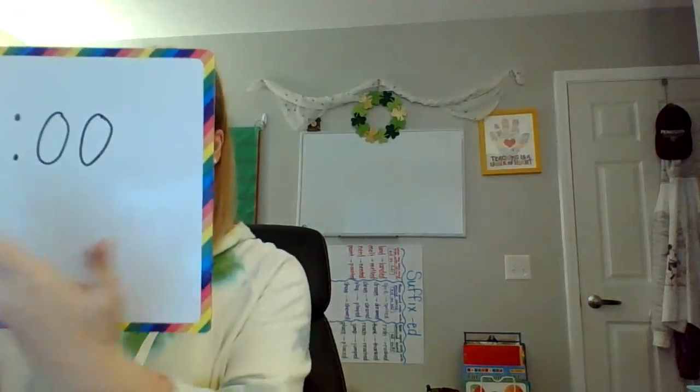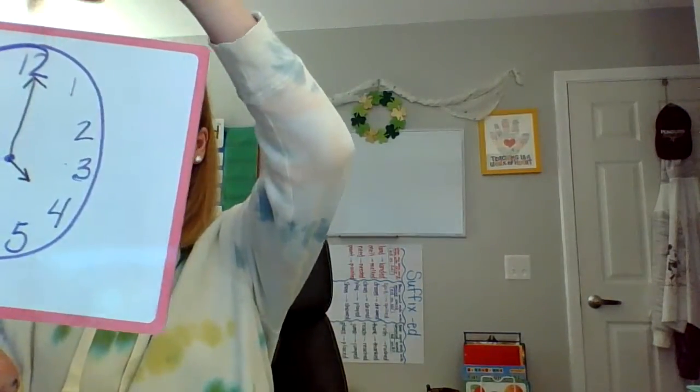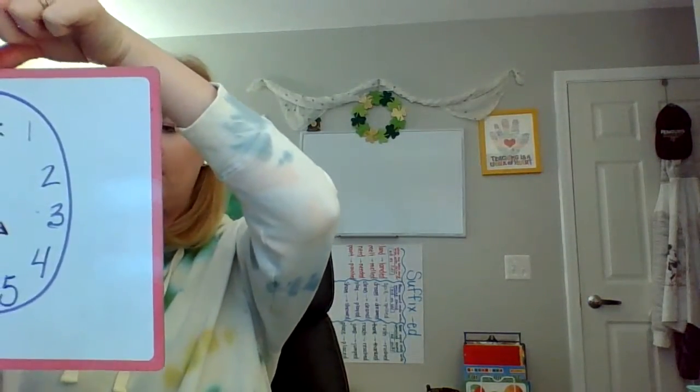You're going to have more practice today with this as well, but when we're talking about 4 o'clock, your minute hand is always going to go up to the number 12, because the little minutes would be 00 up here at the top.